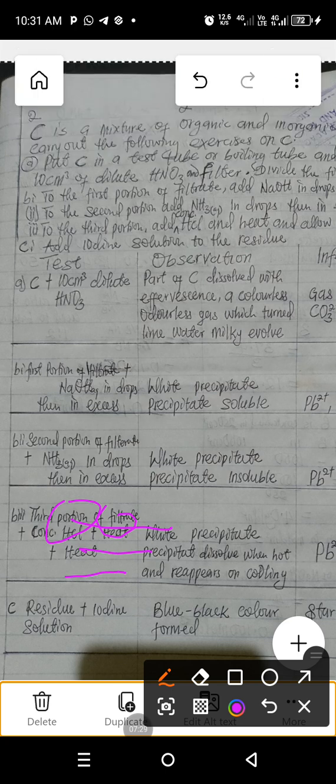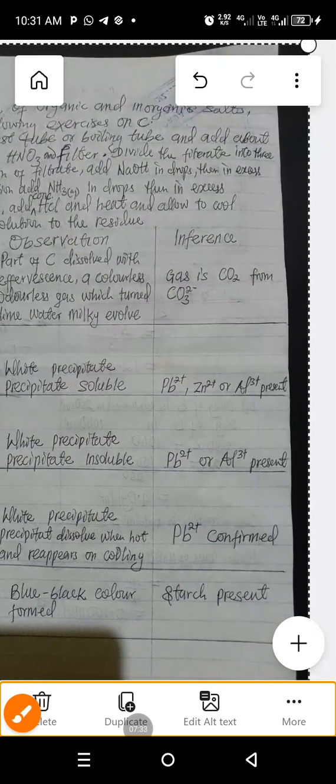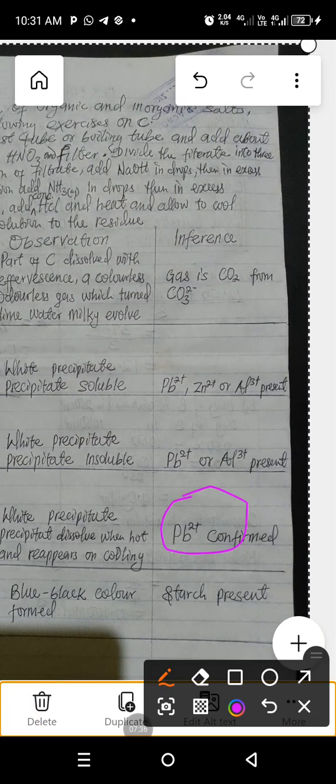And so let's go to our inference. The inference will be that the Pb²⁺ ion has been confirmed, because lead is the ion that on heating will dissolve, and on cooling the precipitate will reappear. So that's why we're confirming lead.